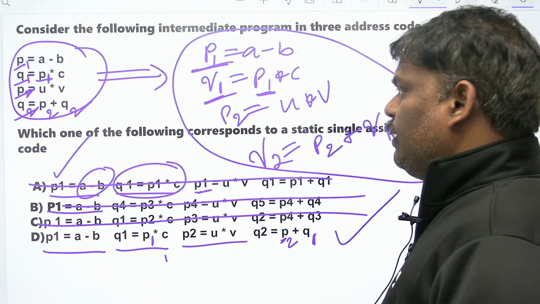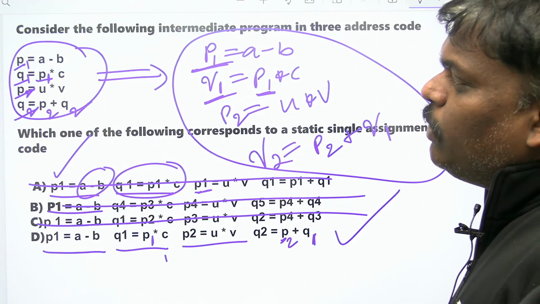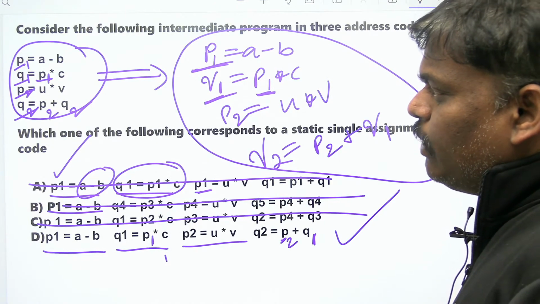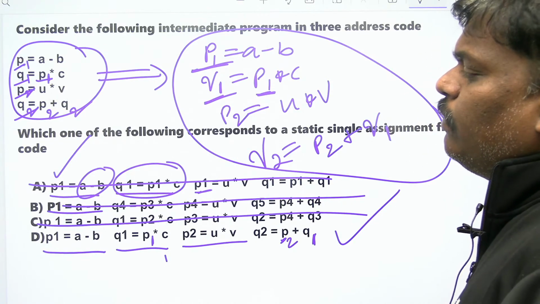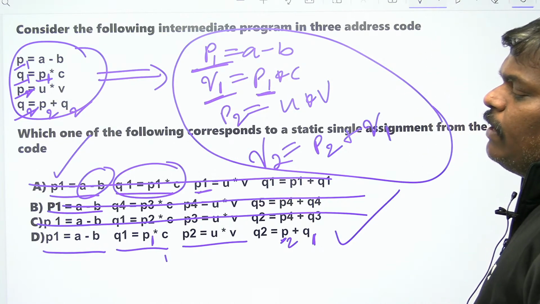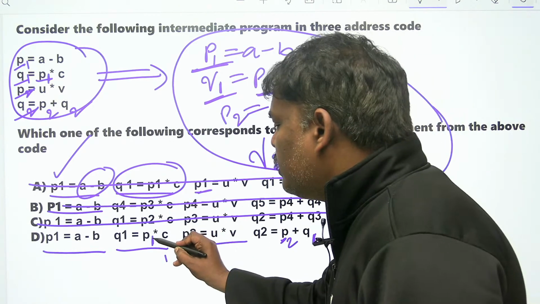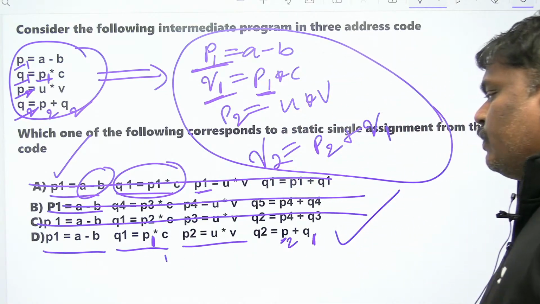Option D. See, SSA is very simple. Left hand side, please rename everyone. Everyone rename. Just here labels are missing, other than this nothing.